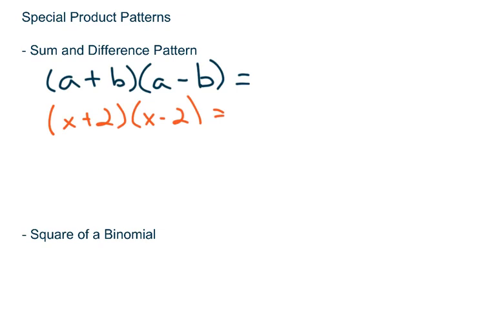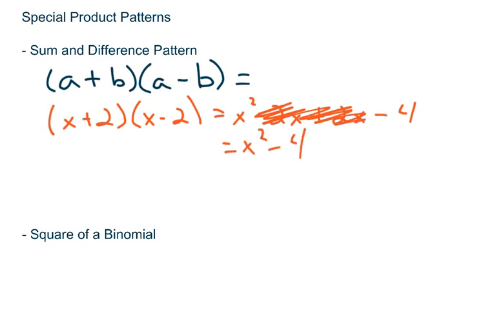If we FOIL this out, x times x is x squared, x times negative 2 is negative 2x, 2 times x is positive 2x, and 2 times negative 2 is negative 4. If we clean this up, the negative 2x and the positive 2x cancel each other out. We're left with x squared minus 4. Well, x squared and 4, they are both squares.